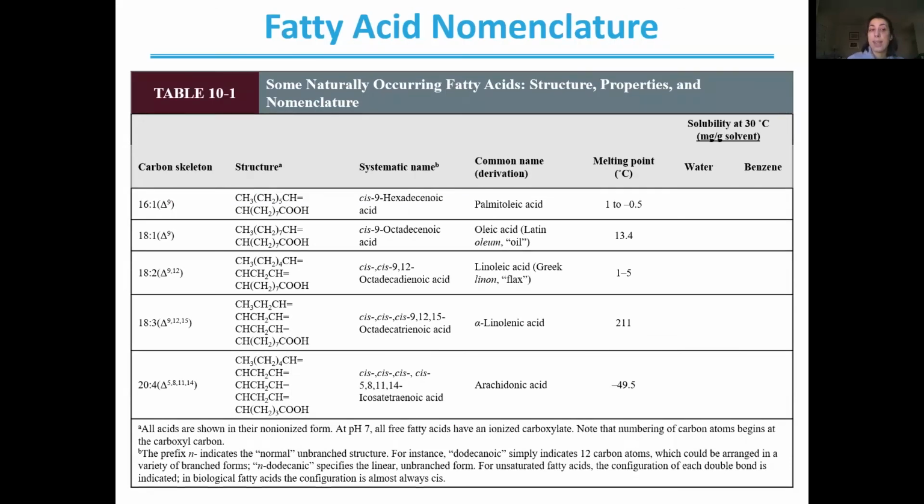Here's some more that show, again, the carbon skeleton numbering. These are all unsaturated. They have at least 1 double bond. In particular, ones that we see often in nature are palmitoleic acid, oleic acid, linoleic acid, alpha linoleic acid, which is a variety of linoleic acid, and arachidonic acid. Arachidonic acid actually is part of lipids that are very involved in our inflammation system in the body.